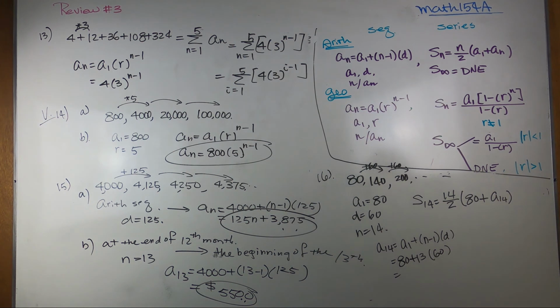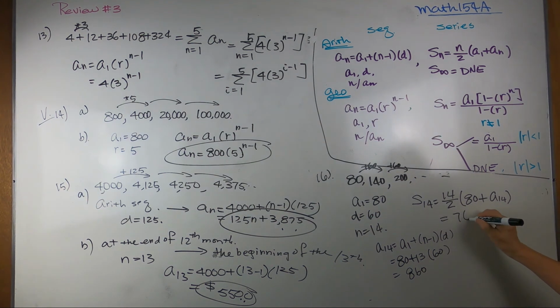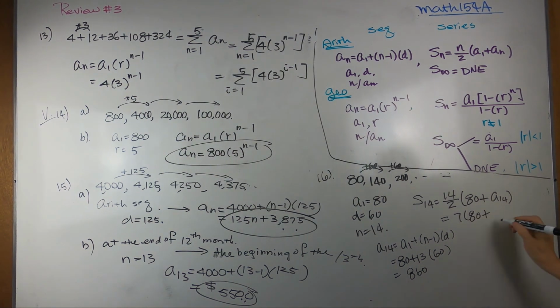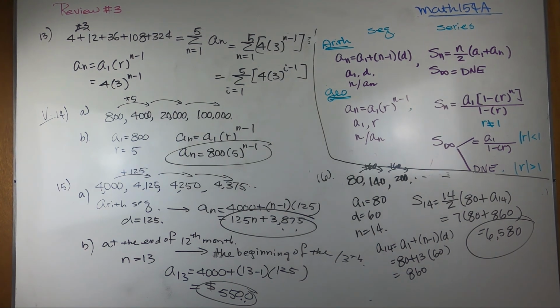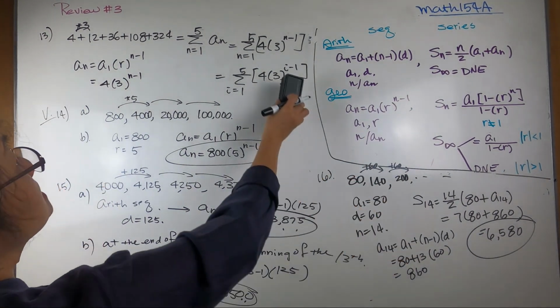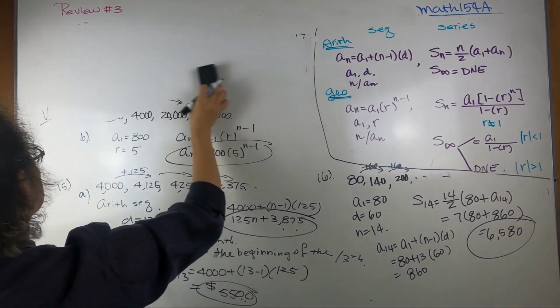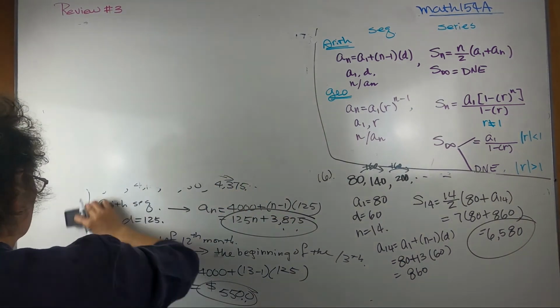So on the 14th day, they were selling how many? 860 triple shots. That's crazy, right? So we plug in 80 plus 860, so total would be 6,580 triple shots sold during that time, right? To find the sum. Okay?